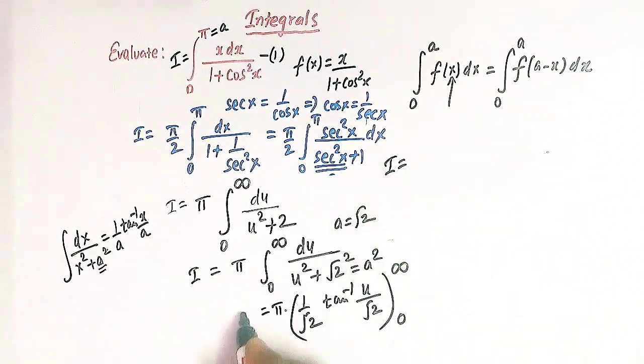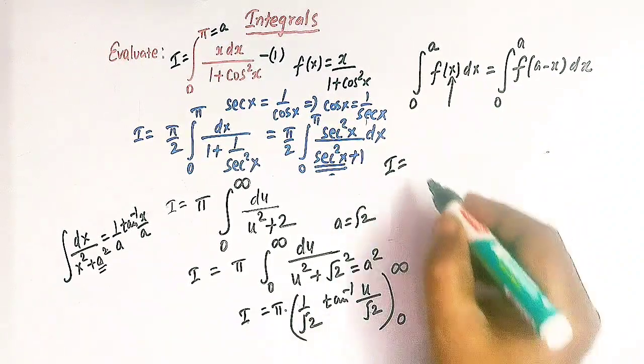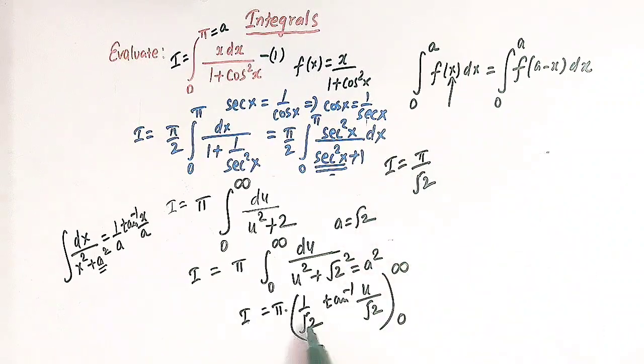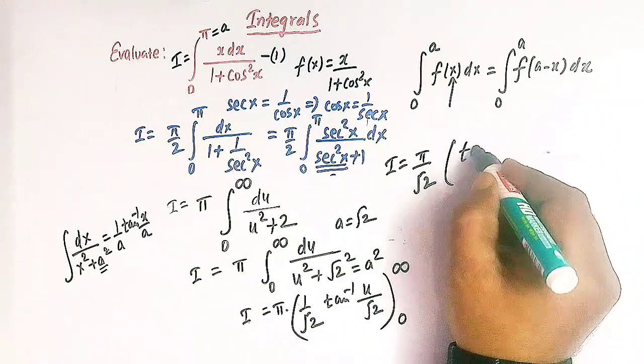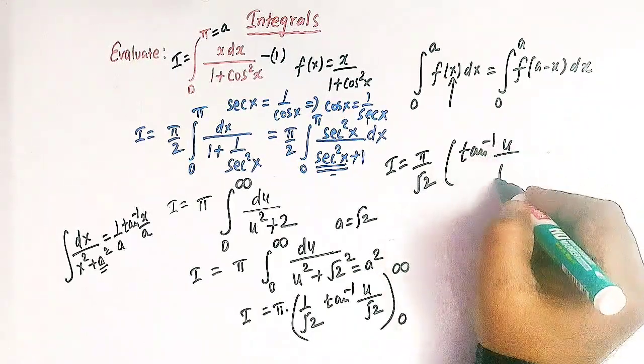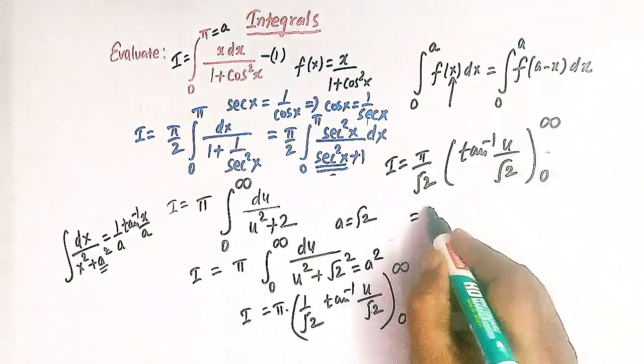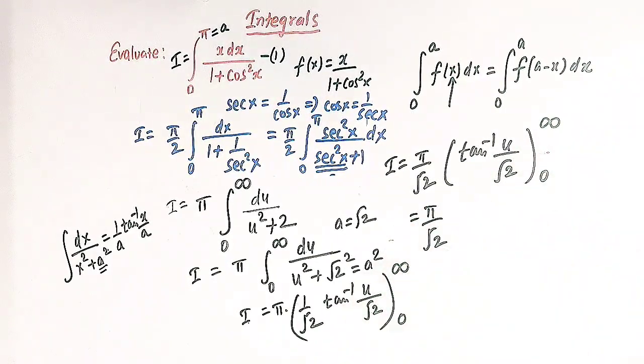So we have I, and we can take square root of 2 outside. Here we have pi over root 2, and we have simply tan inverse u over square root of 2, 0 to infinity, right? So we have pi over square root of 2.